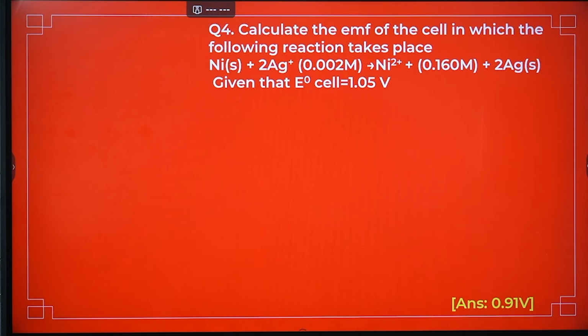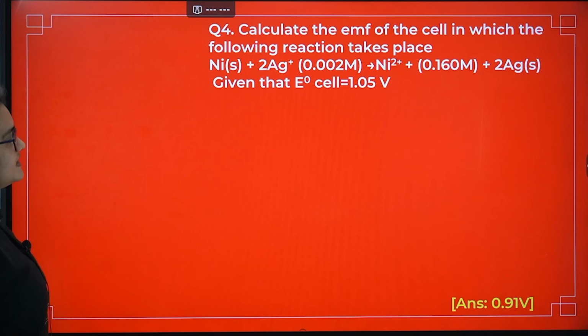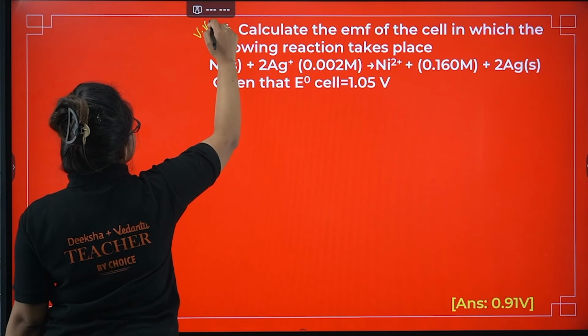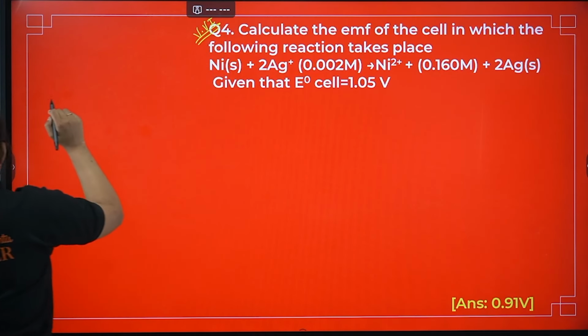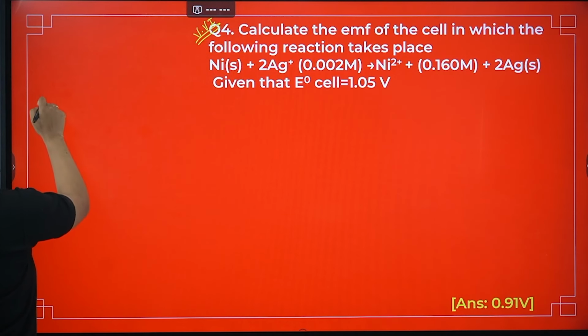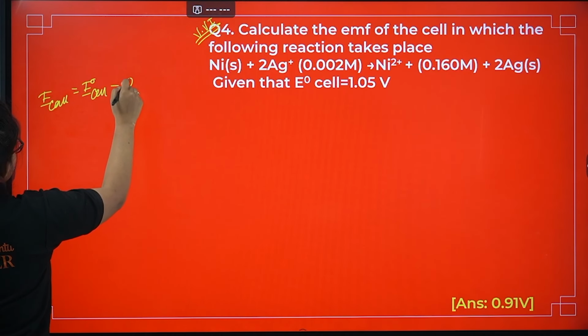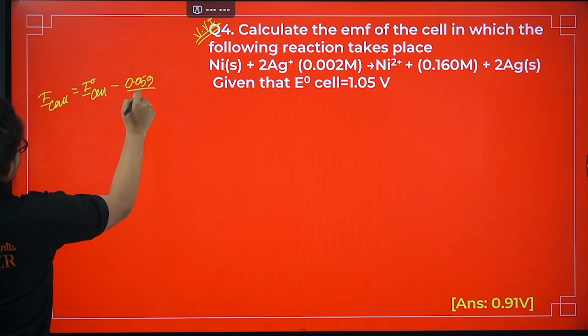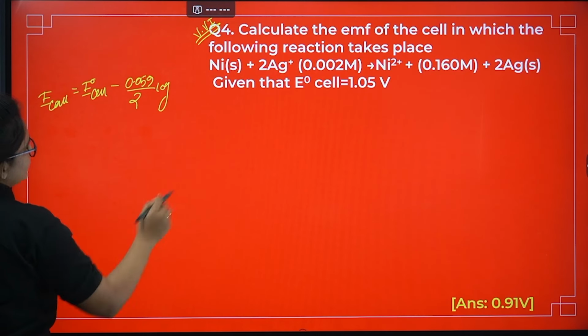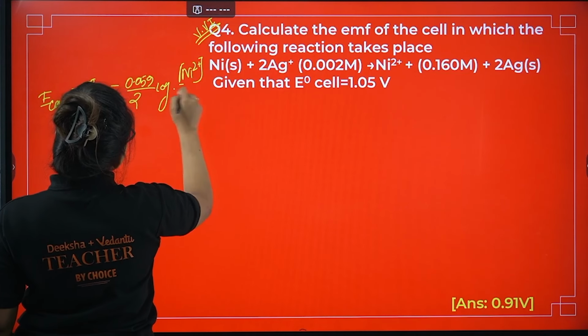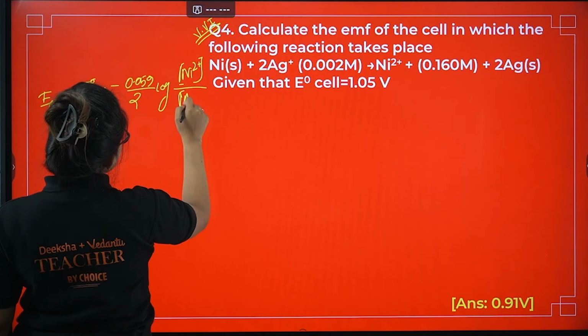Let's go ahead. Calculate the EMF of the cell in which the following reaction takes place. This is a very, very important problem. E cell is basically equal to E naught cell minus 0.059 by 2 log product by reactant, so Ni2 plus divided by Ag plus whole square.